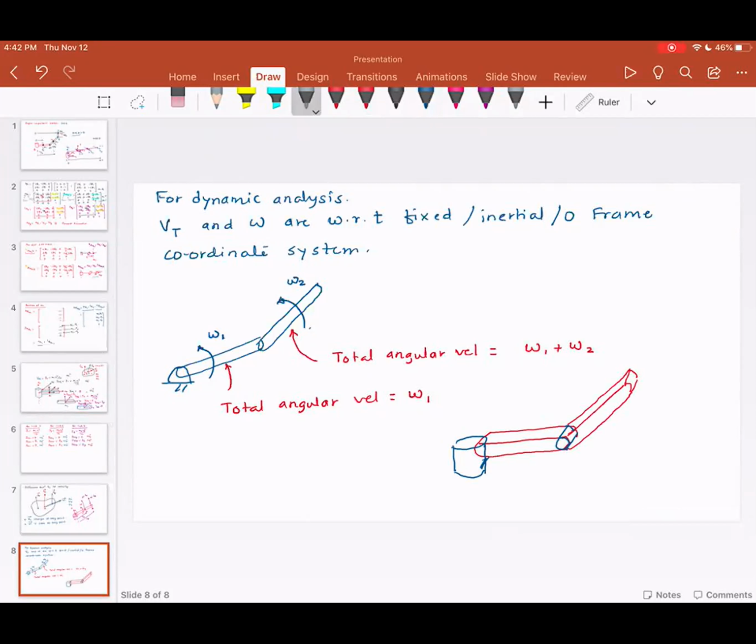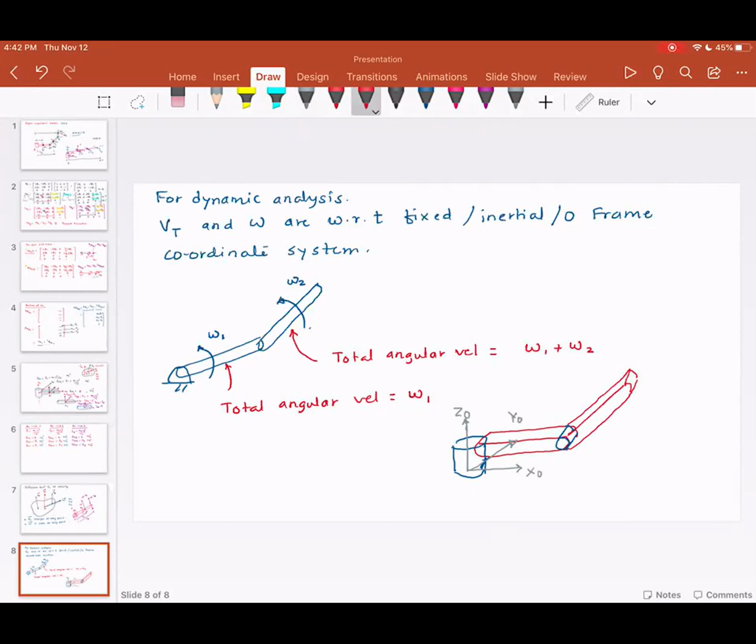Now, if I were to follow the guidelines blindly, what I would do is say my 0th frame, just for the sake of discussion. And this is an important point because I have seen students making mistakes. So say this is my Z0, this is my X0, and this is my Y0.